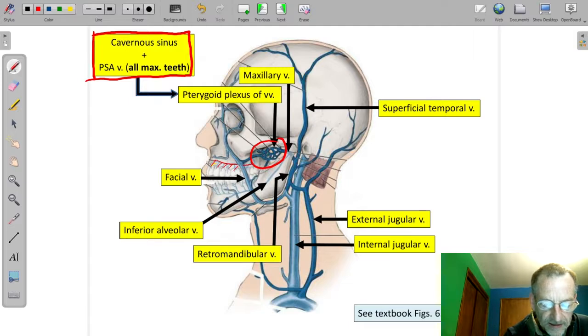It doesn't show it well, but it's coming out right about there. And then it drains into the pterygoid plexus. In the pterygoid plexus of veins, there are many anastomoses, but the main one is out through the maxillary vein. Maxillary vein is very short. So it receives blood primarily from the pterygoid plexus and from the IA.